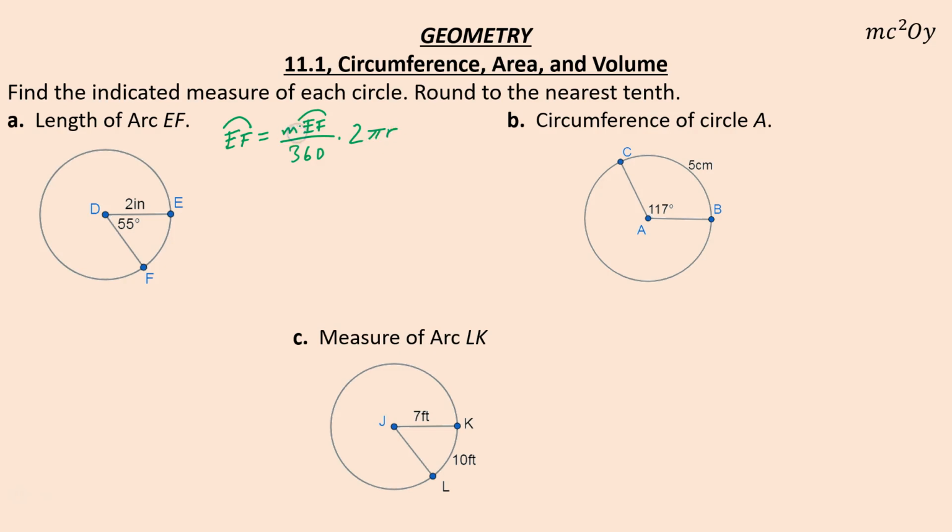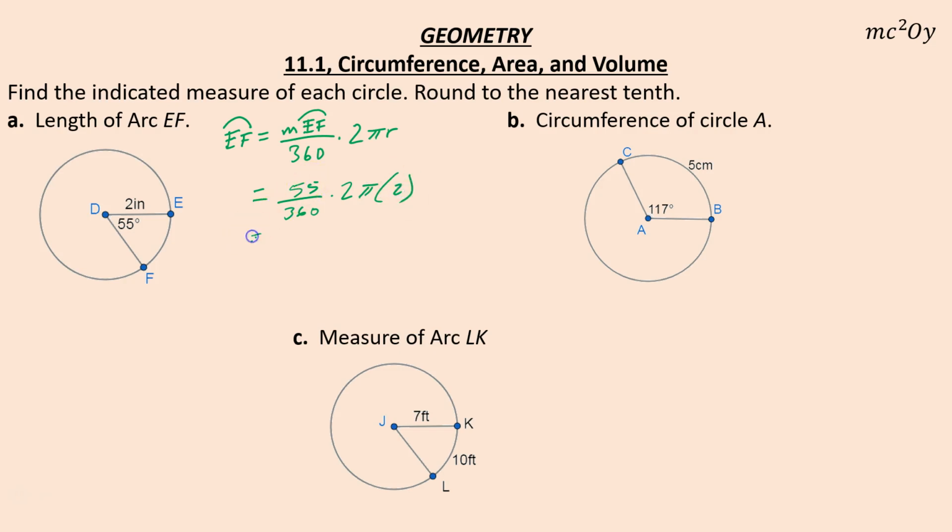Okay? So make sure the measure, and then without the measure, it's just the length. So in this case, we substitute our values in. Okay, well, measure of EF is 55 over 360 times 2 pi, and the radius is 2.